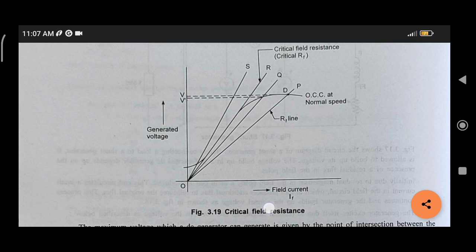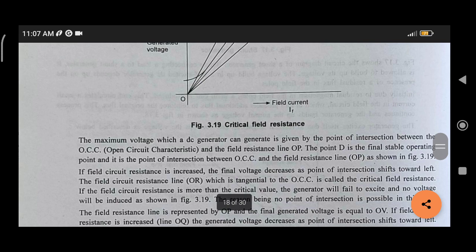As the resistance in the field circuit is increased, the final voltage decreases as the point of intersection shifts toward the left side. The field circuit resistance OR, which is tangential to the OCC, is called the critical field resistance.